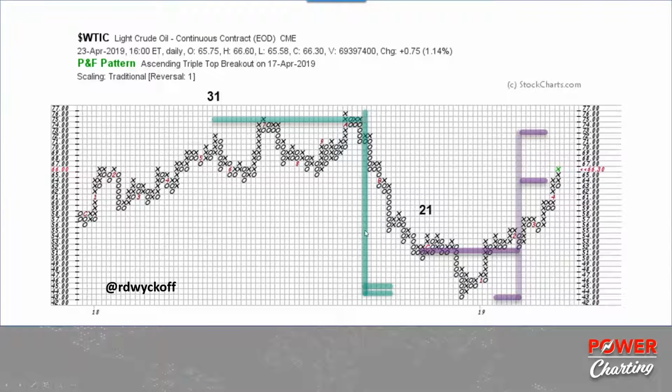When we take this count, we have a beautiful count objective down here that came within one box of a perfect hit of the low at $43 on the climax. So you can see the very steep decline, you can see the attempt to pause, and then the climactic surge.